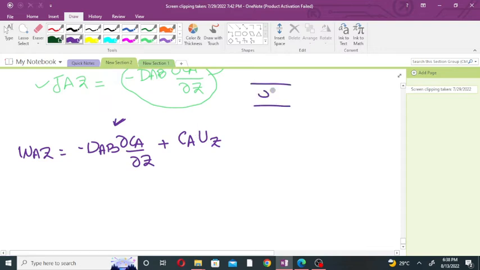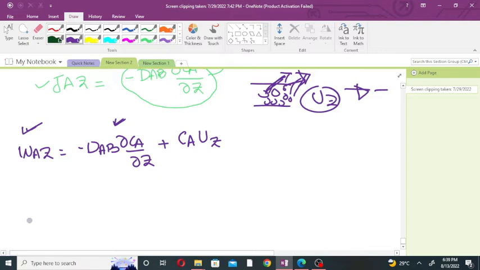So this was component A, these are component B: the velocity of component A multiplied by concentration of component A plus velocity of component B multiplied by concentration of component B will give us uz in the z direction. So this is the total flux of component A in the z direction.